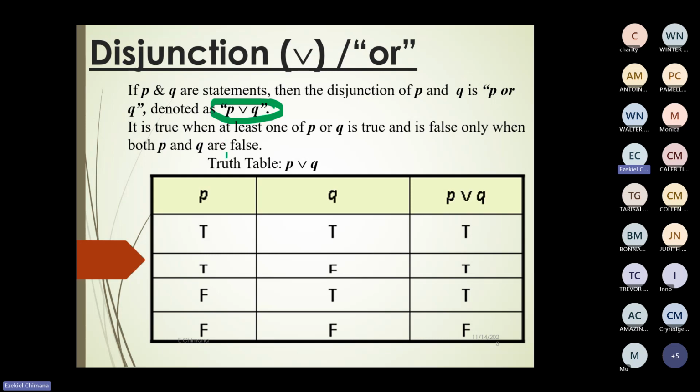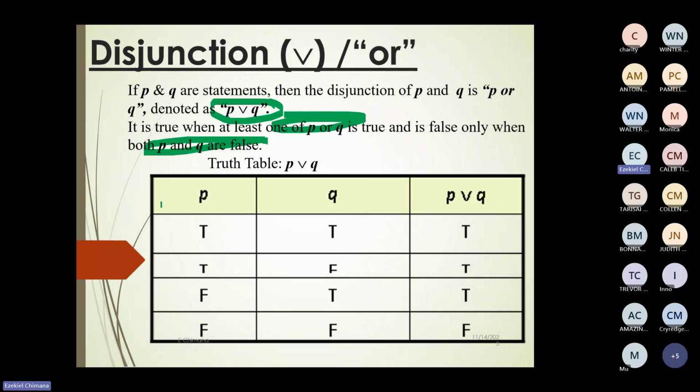It is true when at least one of P or Q is true and is false only when both P and Q are false. So for the or, the disjunction operator, if one of the two is true, then P or Q is true, because we are using an or. So if one of them is true, then we accept it, just like that.